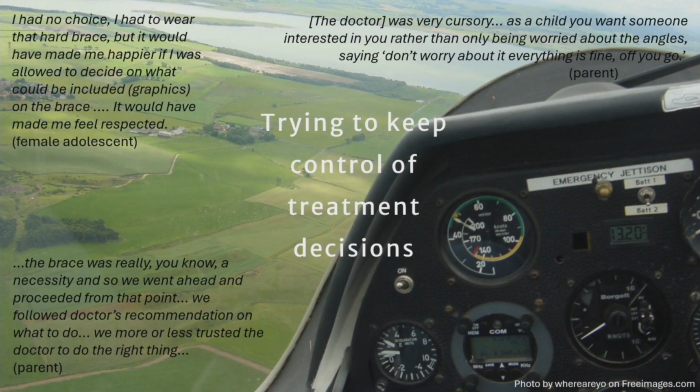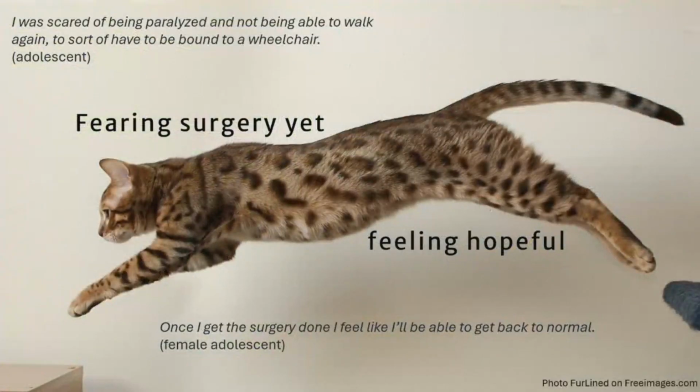So trying to keep control of treatment decisions. This was underlined by the want for strong communication with clinicians, and it wasn't only the young person and the clinician or the parent and the clinician. It was also the communication, the treatment decisions between, and the push and pull between the parent and the child. And then lastly, fearing surgery yet feeling hopeful.